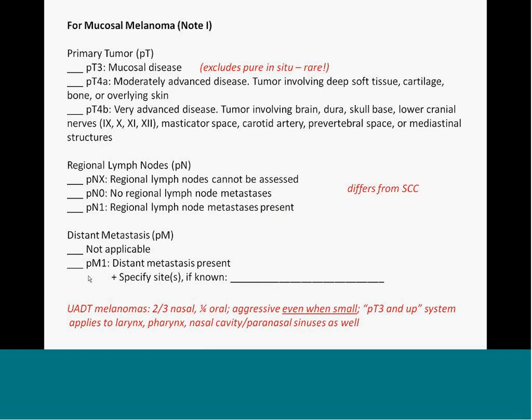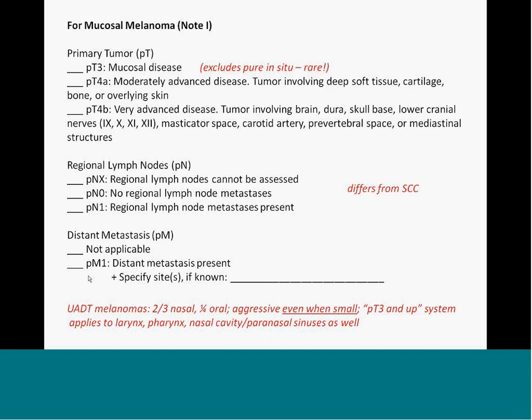Staging for mucosal melanoma is a little bit different. Upper aerodigestive tract melanomas typically occur in the nasal cavity, about 2/3 of them. A quarter occur in the oral cavity. They tend to be aggressive, even when they're very small, which is why they developed basically a pT3 and up staging system. So a pT3 tumor is a mucosal-based tumor, whereas a pT4 tumor is either moderately advanced or very advanced disease.